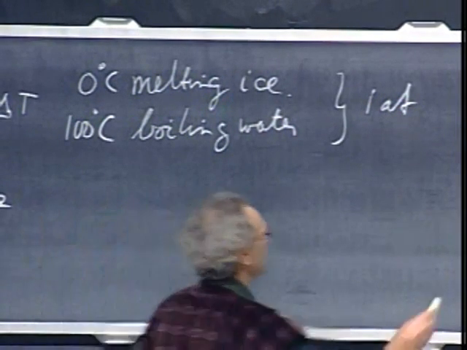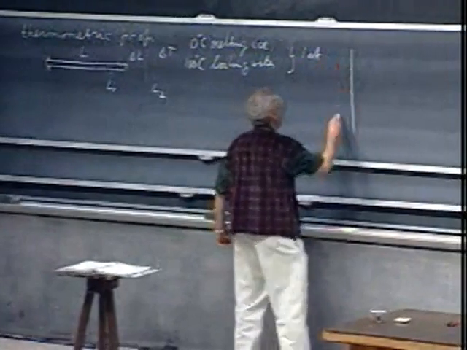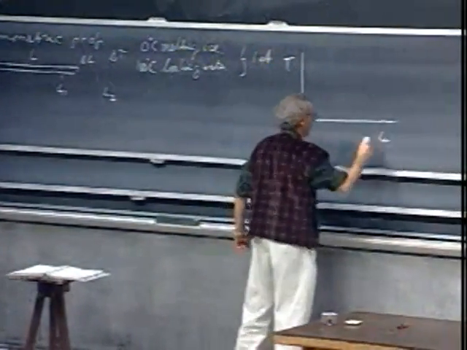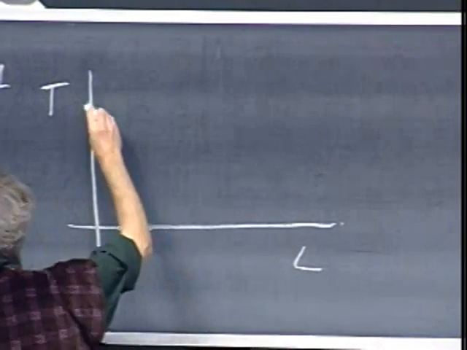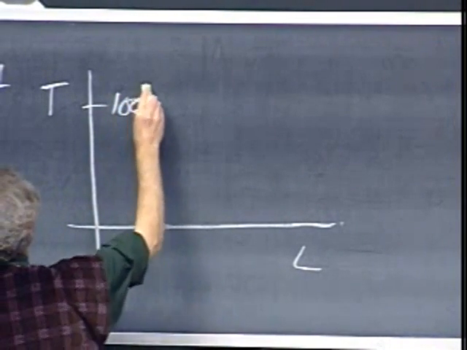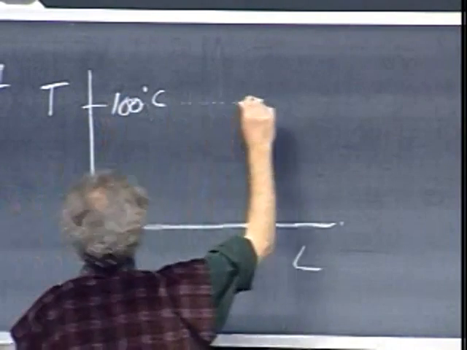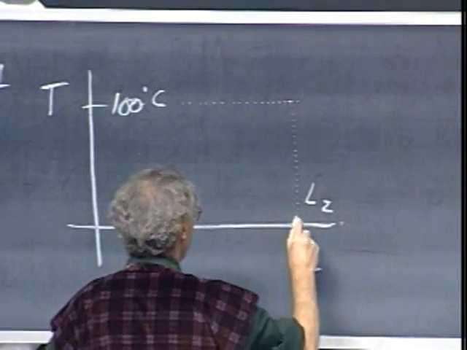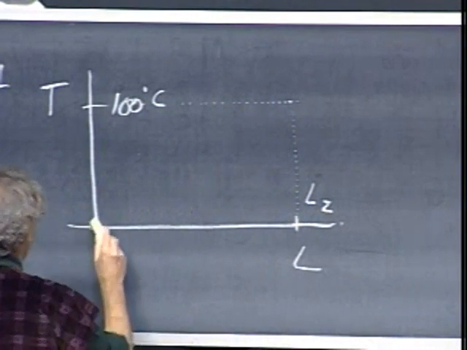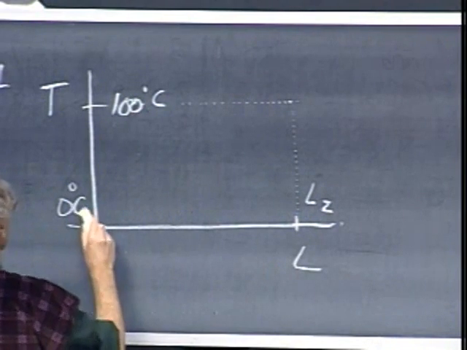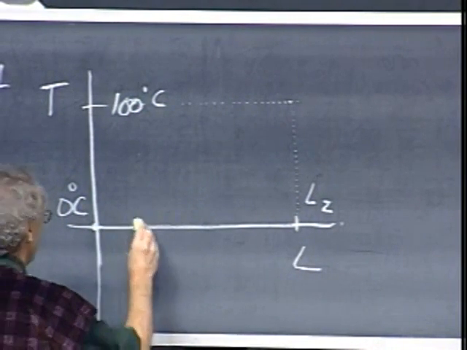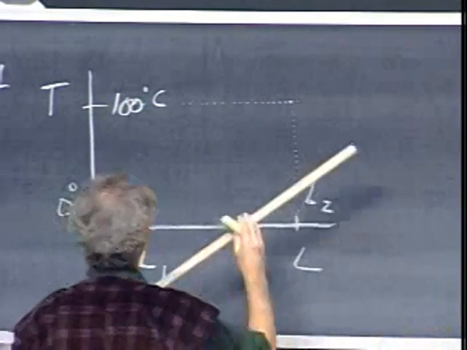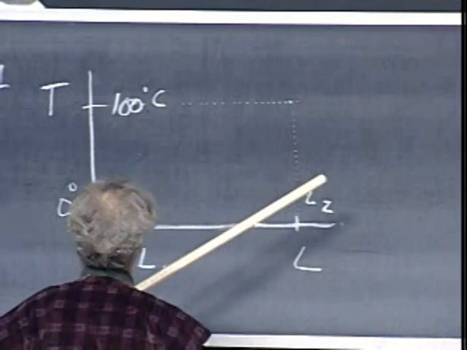So you could make a plot of the temperature versus the length of that bar. You could say, okay, 100 degrees centigrade if the length of the bar is L2, and 0 degrees centigrade if the length of the bar is L1. Now you can draw a straight line; you can always draw a straight line through 2 points.